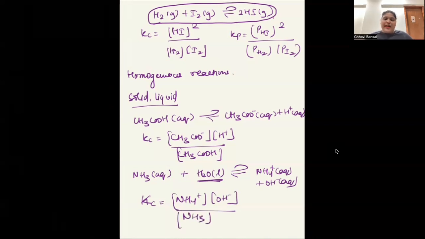Why have I not included H2O here? Everything is in aqueous state and H2O is in liquid state. Here H2O is used as a solvent, which is present in excess. It means you are taking a whole big jar of water and adding these components into it. So it is just acting as a solvent whose concentration is not going to change in the reaction. Therefore, we do not consider water in this case.